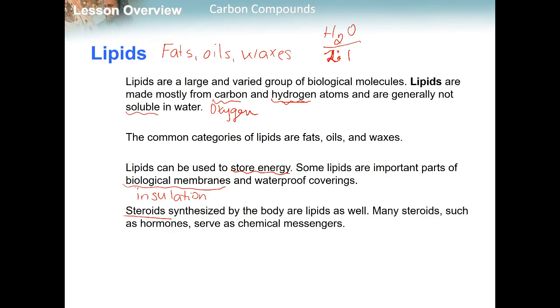Many steroids act as hormones or chemical messengers, which means they help to control cellular activities and cellular function, as well as function for the whole organism. You're familiar with hormones like testosterone and estrogen that are important in developing the secondary sex characteristics of humans. So lipids help to produce those hormones.